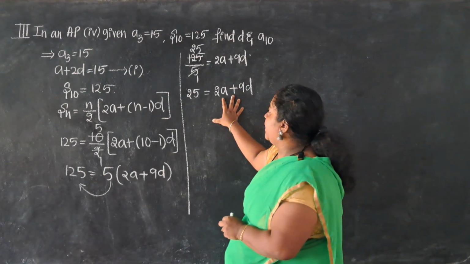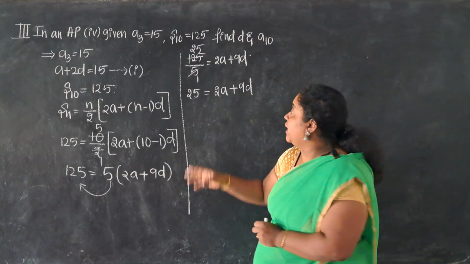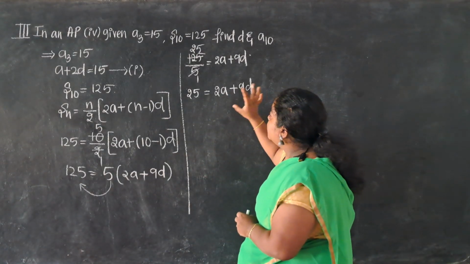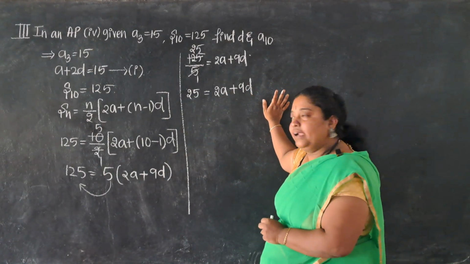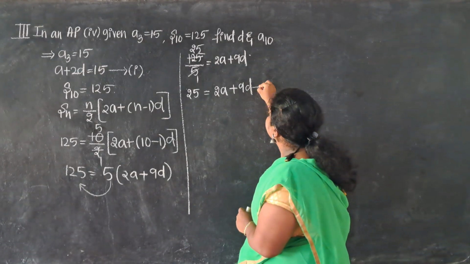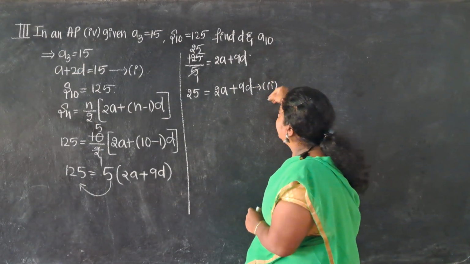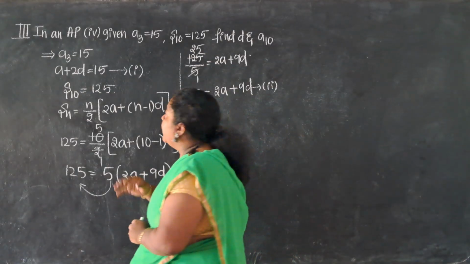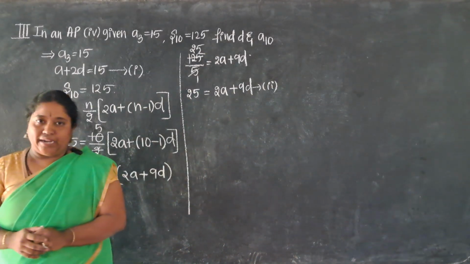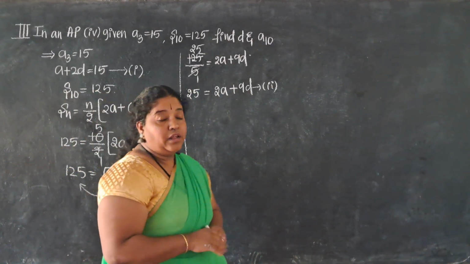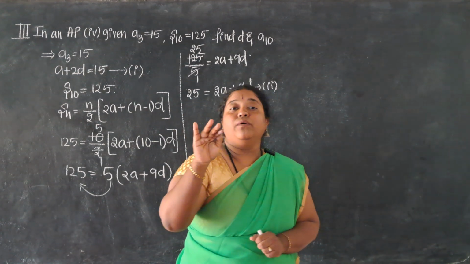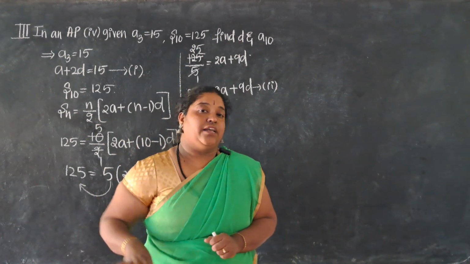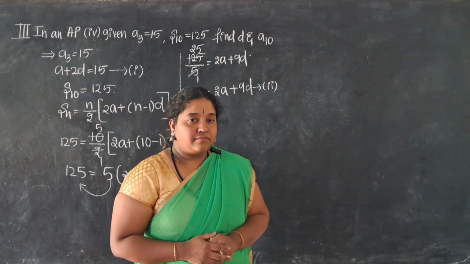So this is the equation. Further I cannot simplify because I don't know the value of a and d. Let me consider this equation as equation 2. Now you already know when two equations are provided, how to simplify them. I have already taught you in the second exercise where I was dealing with the nth term formula.